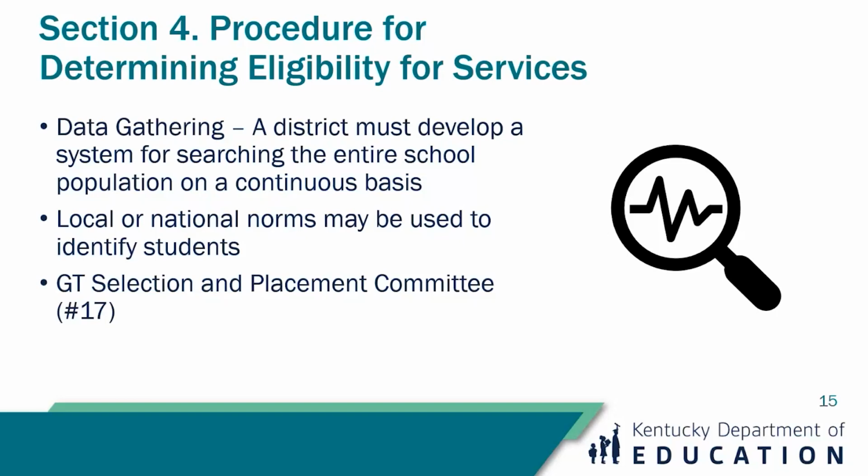So please take advantage of that resource. And this particular section also talks about the GT Selection and Placement Committee. The GT Selection and Placement Committee has 4 responsibilities that are listed in the regulation. And one of those responsibilities is to ensure that the student evidence that's gathered for the student meets the regulation identification criteria.